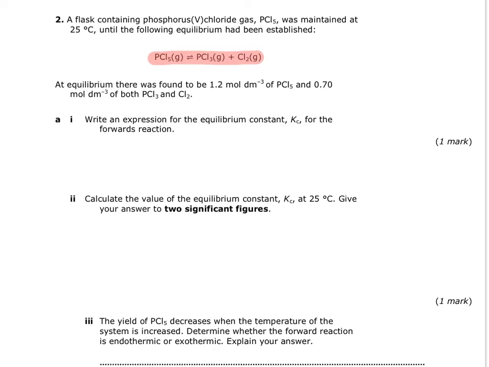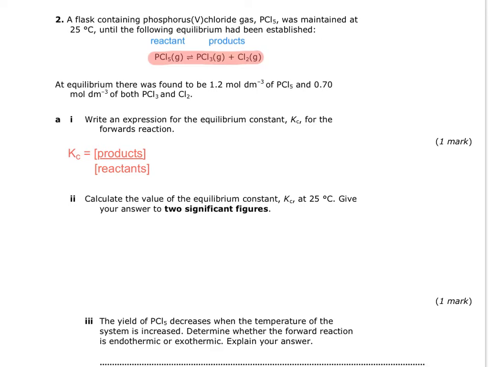And what we need to think to ourselves is what are the reactants and what are the products, because that's what we need to be able to do for Kc. Sorry, what I meant to say there was Kc equals the concentration of the products over the concentration of the reactants. So looking at our highlighted equation, we've got to identify what are the products and what are the reactants. So we can see that the PCl3 and the Cl2 are products, and the PCl5 is our single reactant.